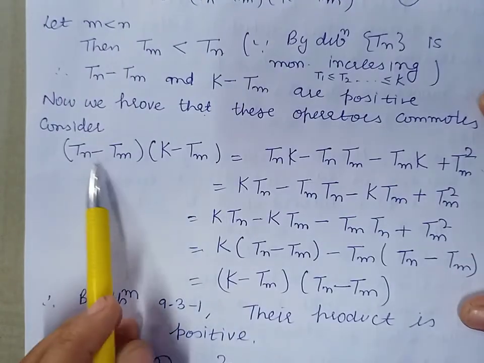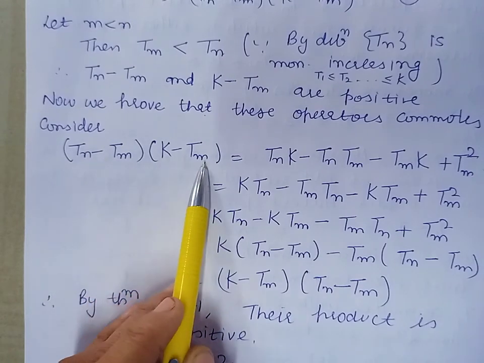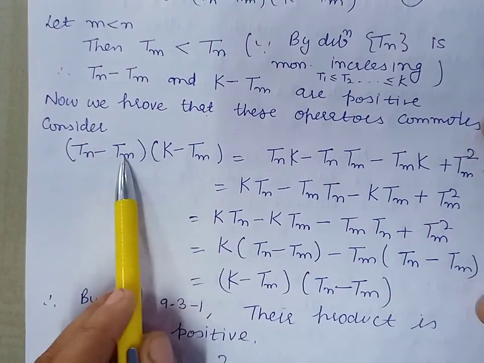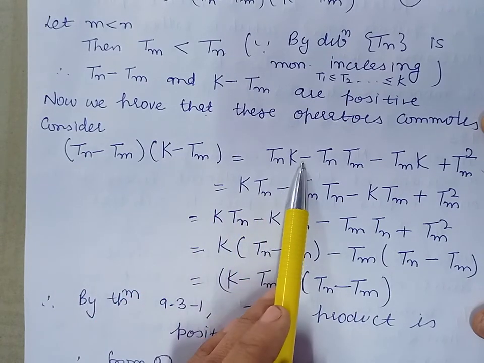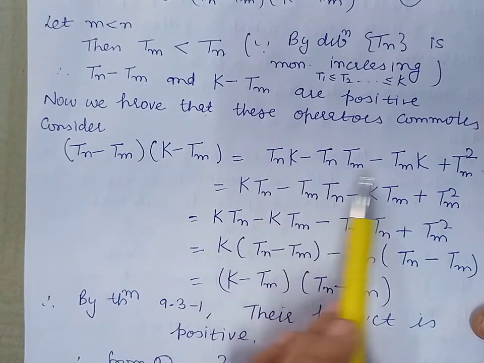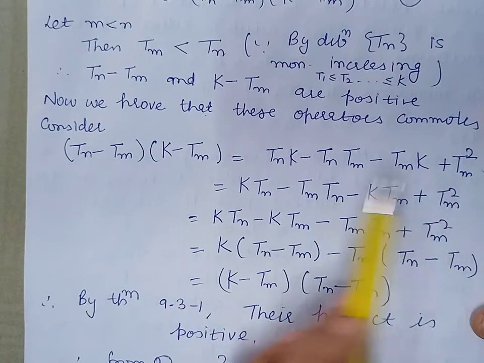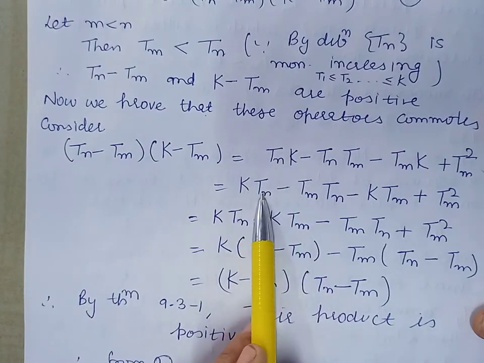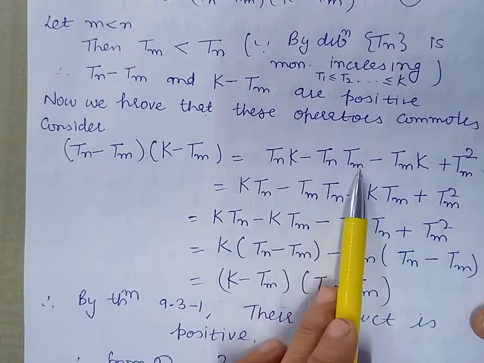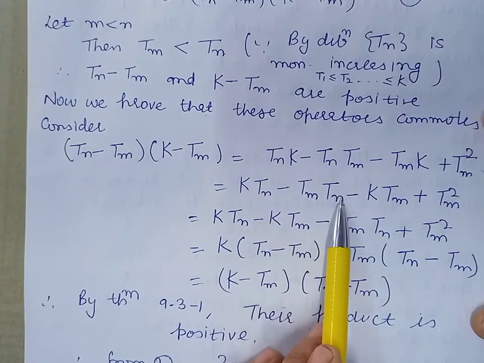So let us consider the product of Tn minus Tm with K minus Tm. Simplifying, this product can be written as Tn into K minus Tn into Tm minus Tm into K plus Tm square. Now because K commutes with Tn, this can be written as K into Tn. These two also commute with each other, so this product can be written as Tm into Tn.